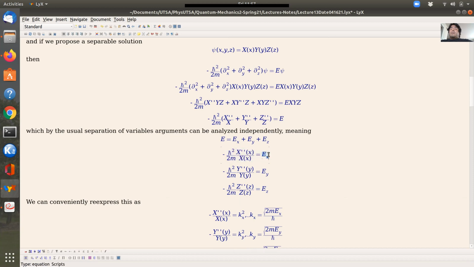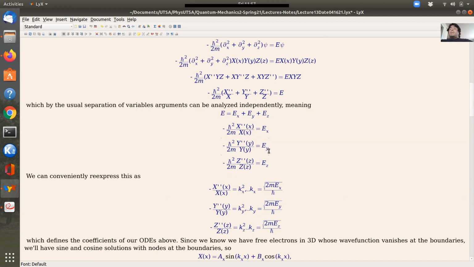But this term on the right side is constant. So you have simplified the problem by separation of variables, where now you only need to solve these ODEs with appropriate boundary conditions. And this is clearly a harmonic oscillator problem in each one of the dimensions, and you only need to apply boundary conditions to fully determine the solution.